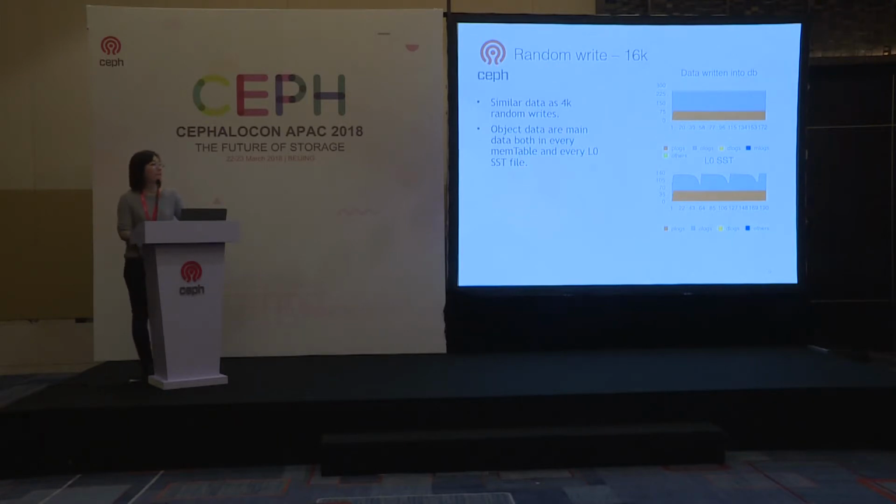And for every level 0 SSD file, object mapping data is the most, and then PG logs. So from the charts for 4K random write and 16K random write, both object mapping data and PG logs are the most data.